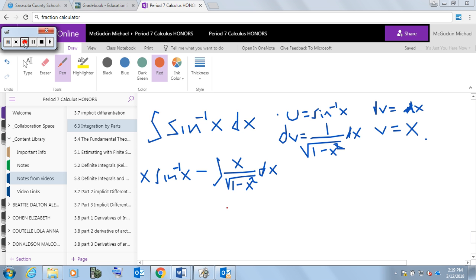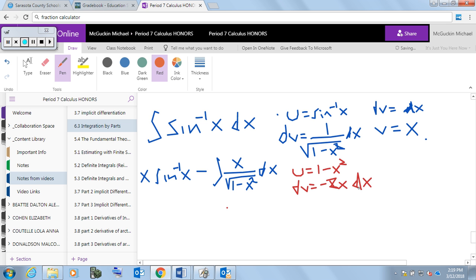So I think our best bet is to make u equal to 1 minus x squared. Then when we take that derivative, du is going to give us negative 2x times dx.